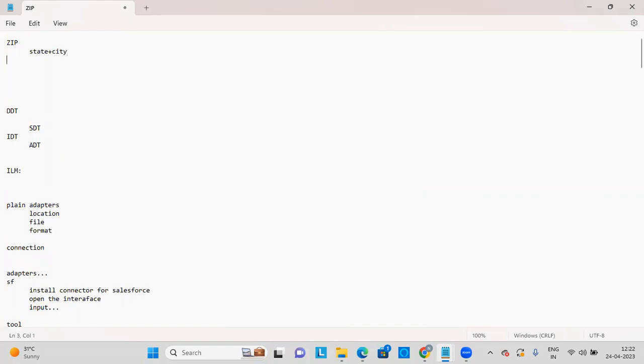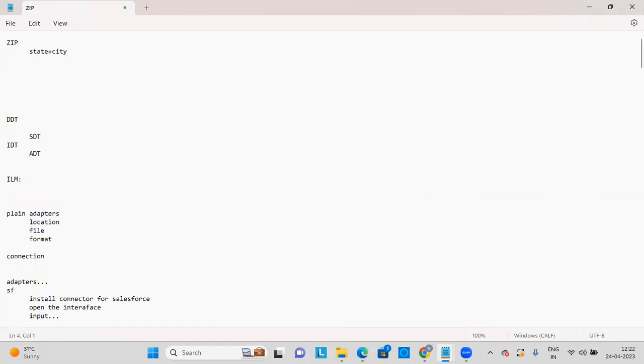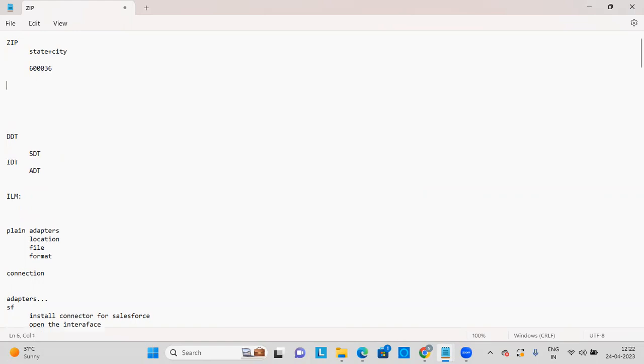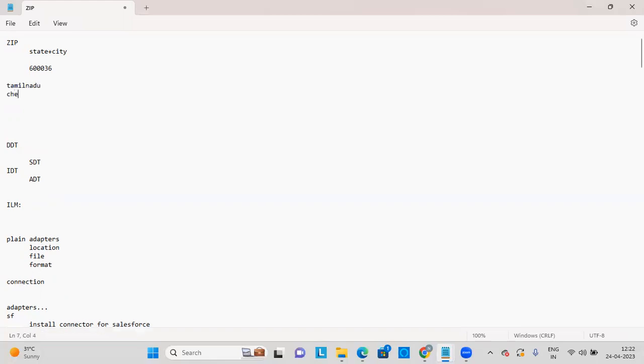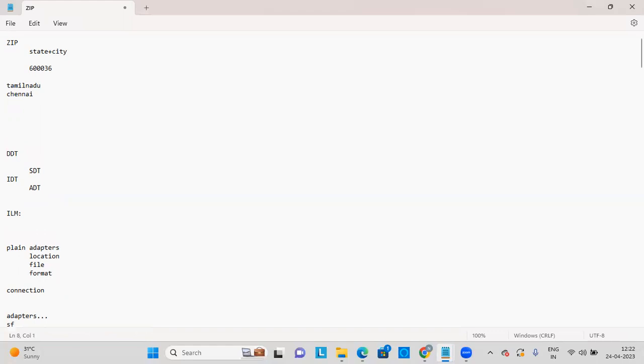So zip code, for example, if you take 60036, which is what? Chennai. Tamil Nadu is a state, and then city Chennai. So these two would be taken as a base to form a zip code. That's it. It's as simple as that.